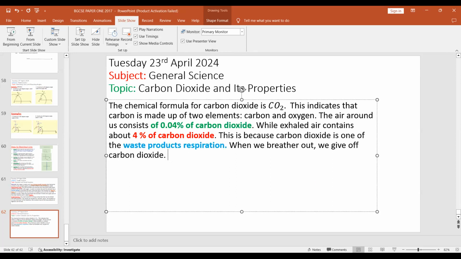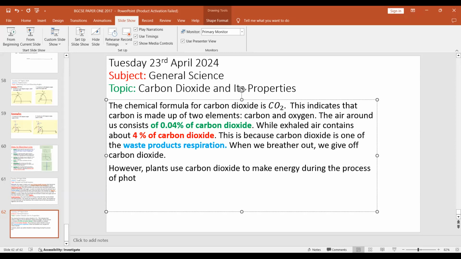So plants use carbon dioxide to make energy during the process of what? Photosynthesis. Photosynthesis, very good.